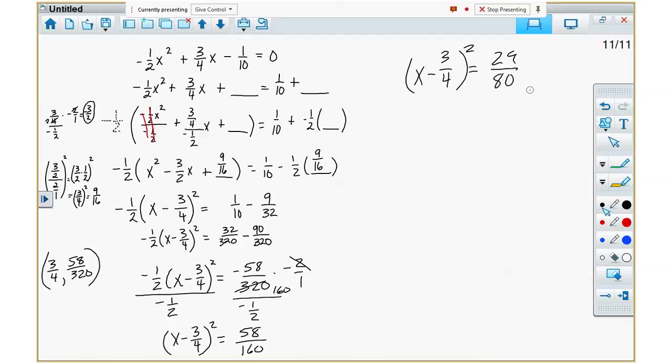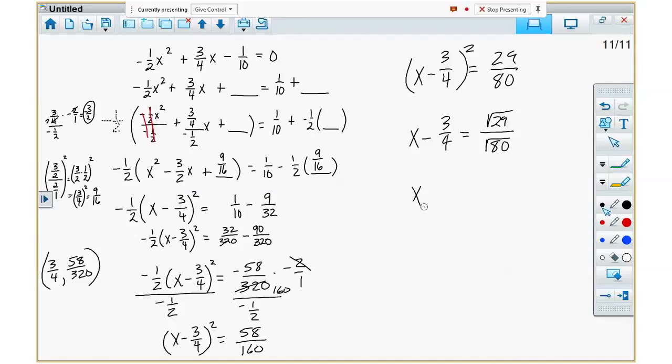And I don't think you can go any further than that, because 29 is just a prime number. And taking the square root, x minus 3/4 is equal to the square root of 29 over the square root of 80. We can break this down.